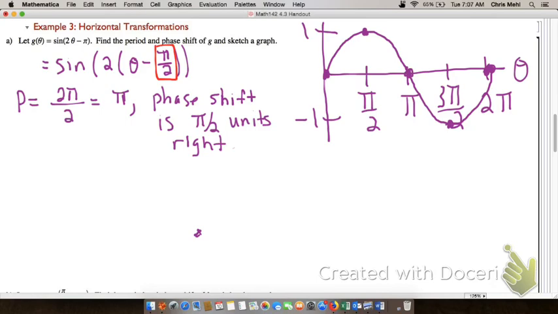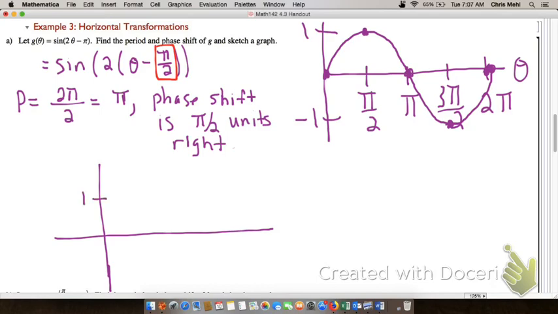Another good idea is to split your period into fourths. So I'm going to start sketching a graph of this thing. I'll draw the fundamental cycle.